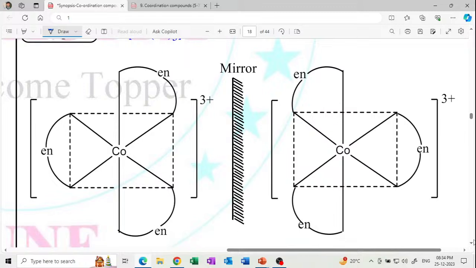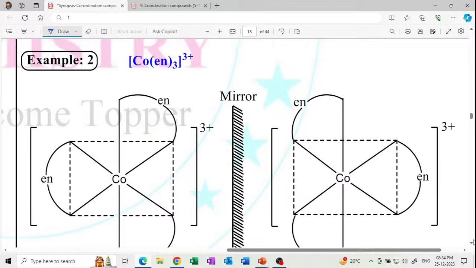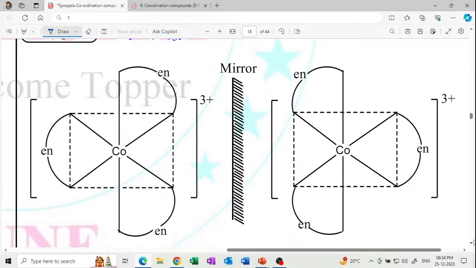Next example is en. [Co(en)3]3+. En stands for ethylene diamine. Ethylene diamine, 3 plus. Get it? A mirror image is drawn in between the mirror.